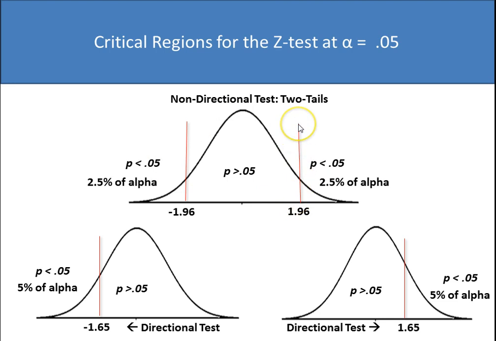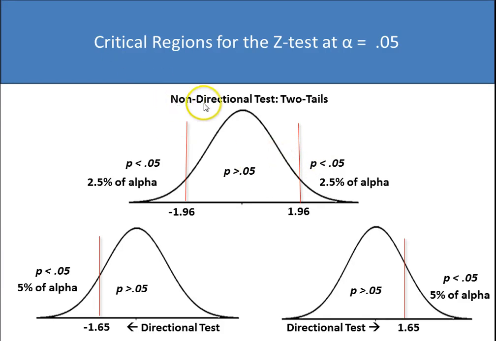We would divide this distribution into areas of high probability and areas of low probability by allocating 5% of this distribution, because it's alpha 0.05, to low probability areas or critical regions.